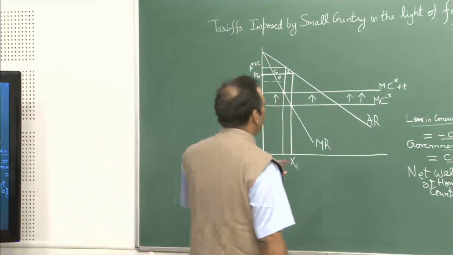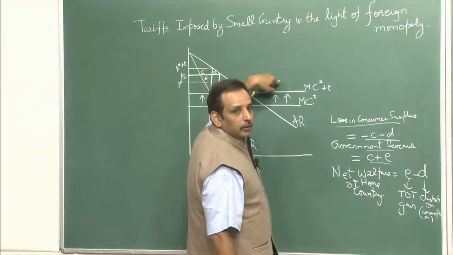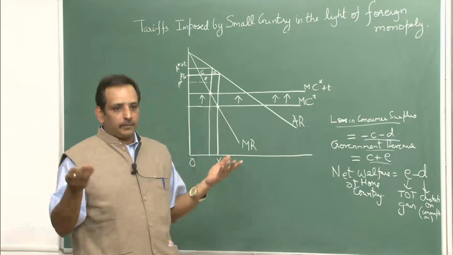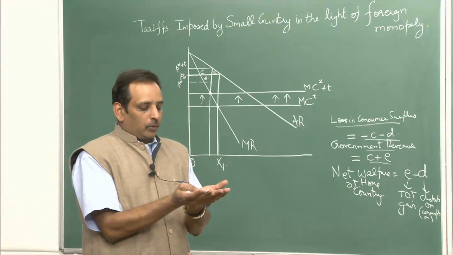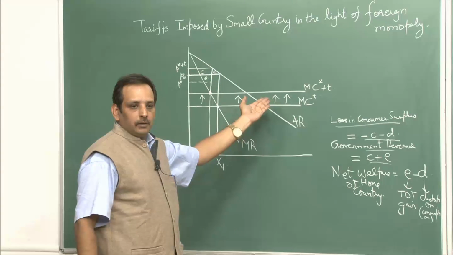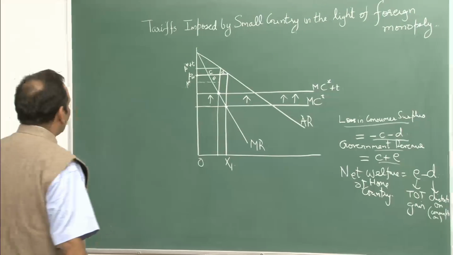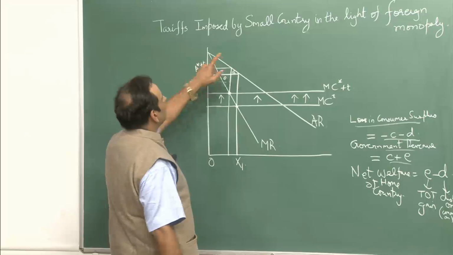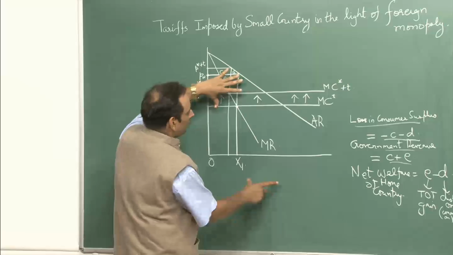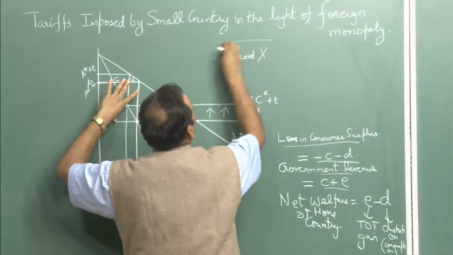Well, remember this, he is the only one who is providing this good in this market. So this is the average revenue curve. So you can say, okay, it's a world demand, because it's in the home country that he faces a demand curve like this. Saying that the intersection point is world prices means that we are taking the world demand. No, but see, he is the foreign monopolist, and in this home country, say good X is not being produced.